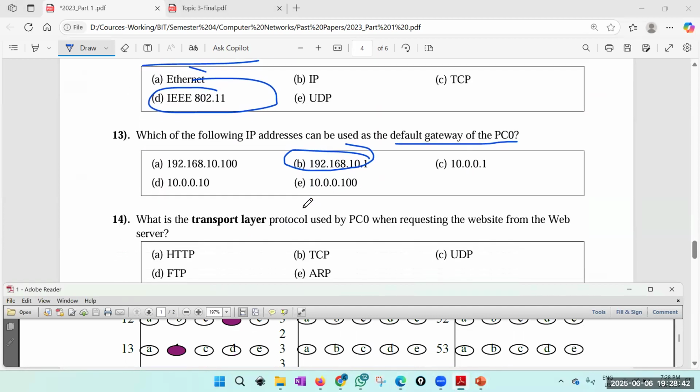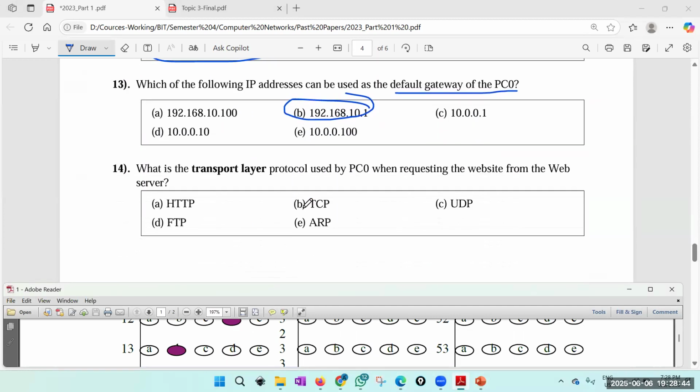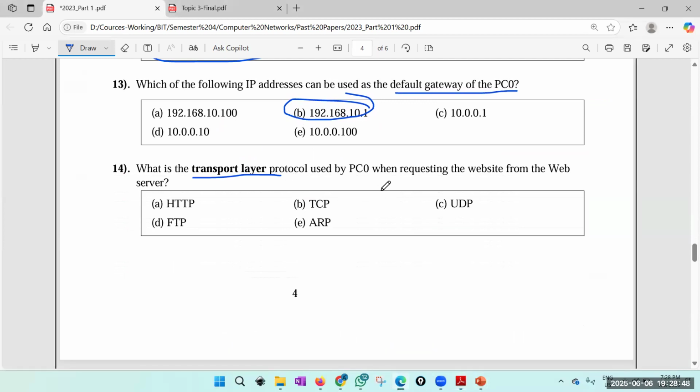Yes. 14. What is the transport layer protocol used by PC0 when requesting a website from the web server? Requesting a website means HTTP. With HTTP, the transport layer we use is TCP.